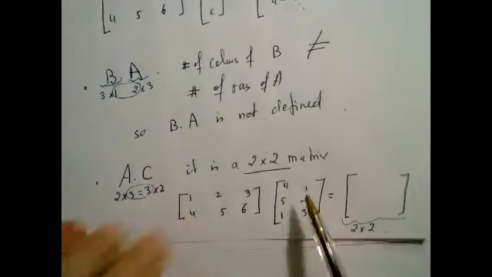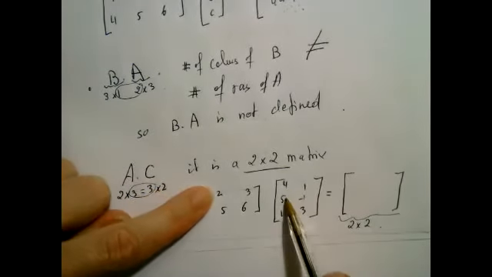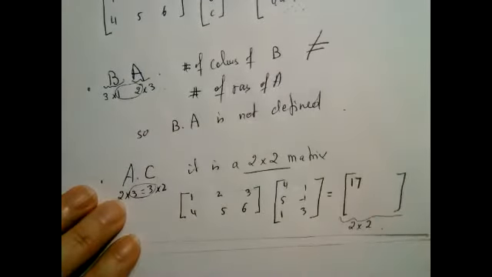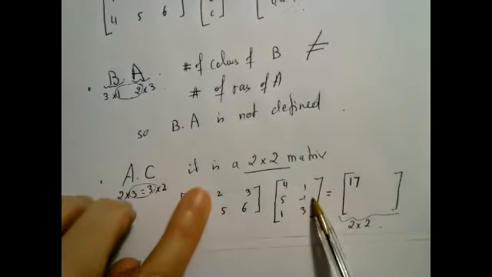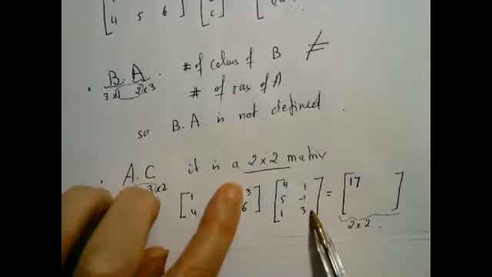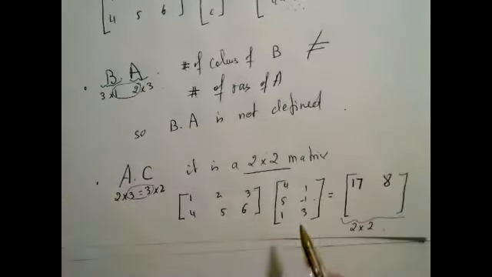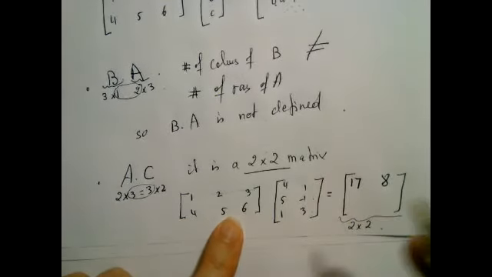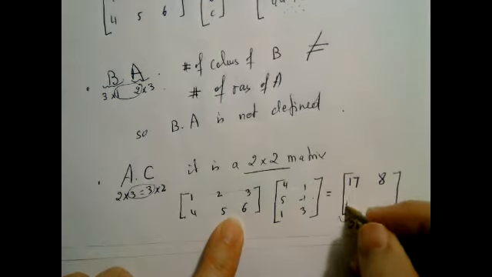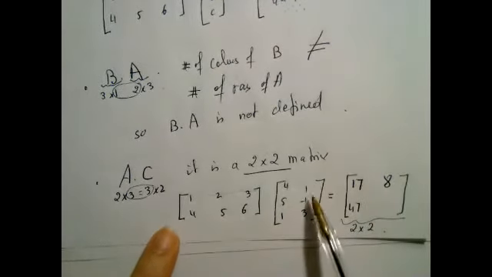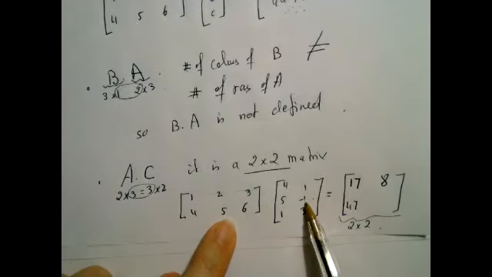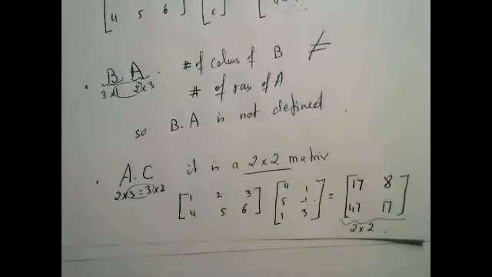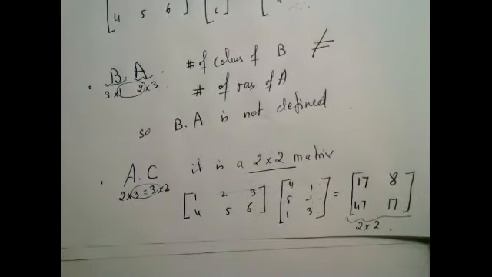Row, column. 4 plus 10, 14. 14 plus 3, that's a 17. I got that. 1 minus 2 minus 1. Minus 1 plus 9, that's an 8. That's a 16, that's 25, and that's 6. That should give me something like that. And that's a 4 minus 5, that's a minus 1 plus 18, 17. Okay, so that's really how we multiply matrices.